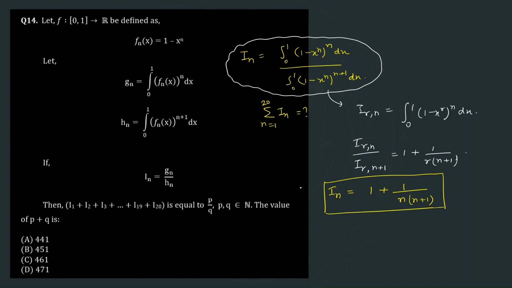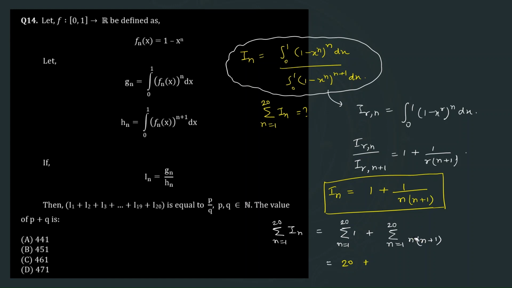Now we are asked to find the sum, so we simply sum this up. Summation In from n equal to 1 to 20 will give us summation 1 from n equal to 1 to 20 plus this summation 1 over n into n plus 1 from n equal to 1 to 20. Now this we can easily evaluate. This will be equal to 20, and this term we can evaluate by telescopic series.